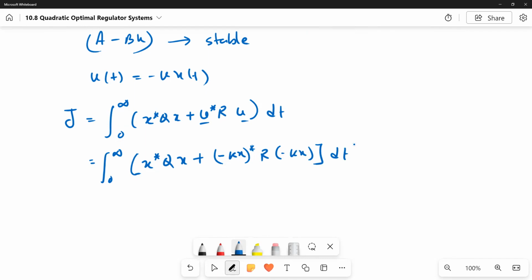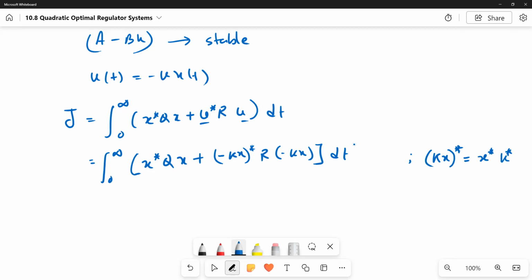One thing just to remind you: if we have the transpose of a product, then when you separate them, the order will be reversed. So x star, then K star.